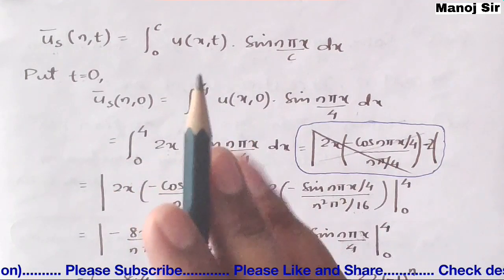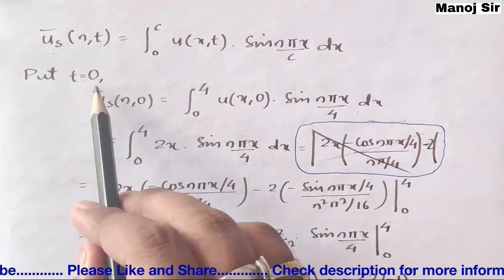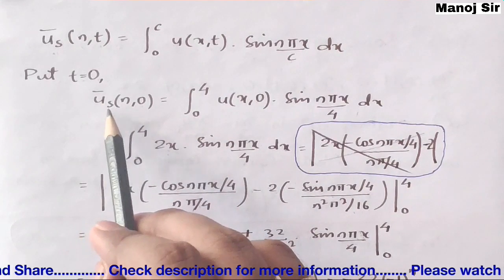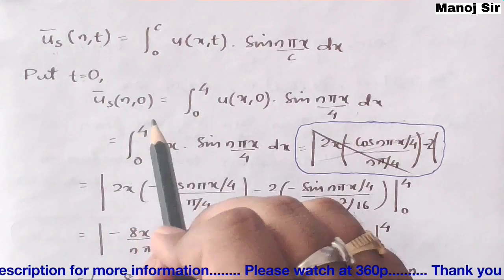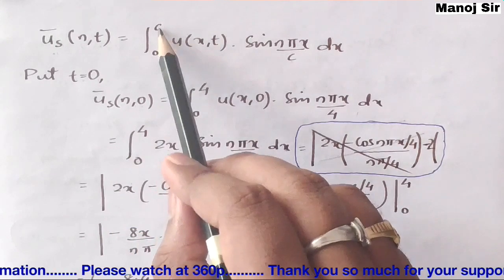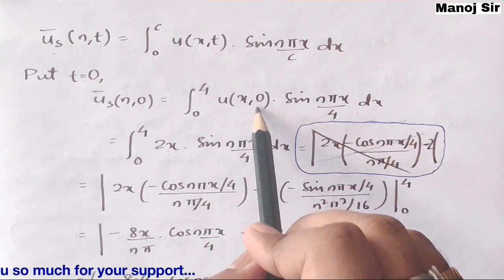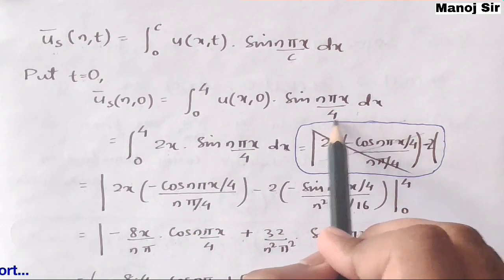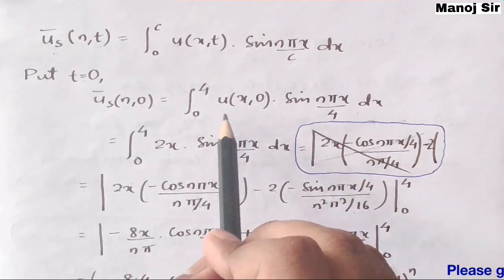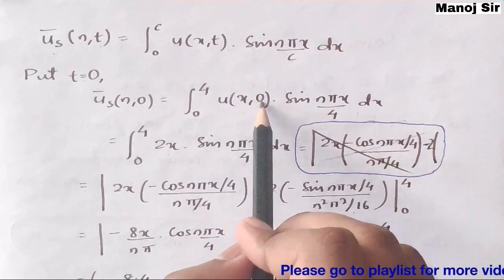Now we need to put t equal to 0. On putting t equal to 0, this will become u bar of s n comma 0, which equals integration 0 to, what is c? That is 4. Integration 0 to 4, u x comma 0 sine of n pi x upon 4 dx. Now we need to know the value of u at t equal to 0.